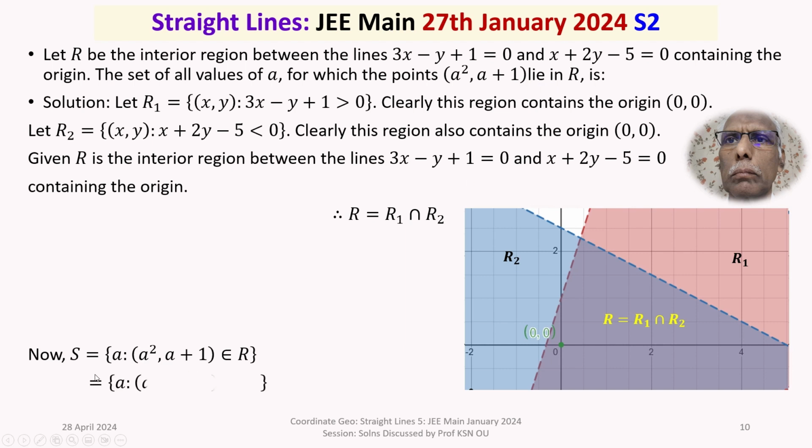That means the set of all a such that (a², a + 1) belongs to R1, intersection the set of all those a such that (a², a + 1) belongs to R2. So we have written the meanings of that one. Let's now continue in the next slide.